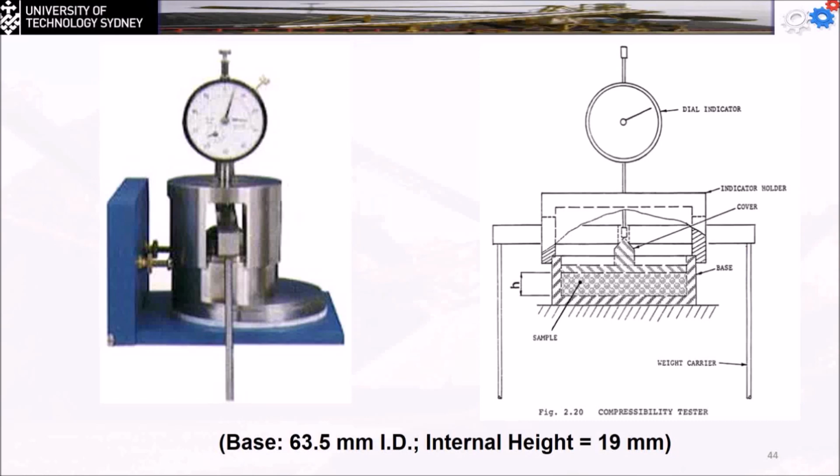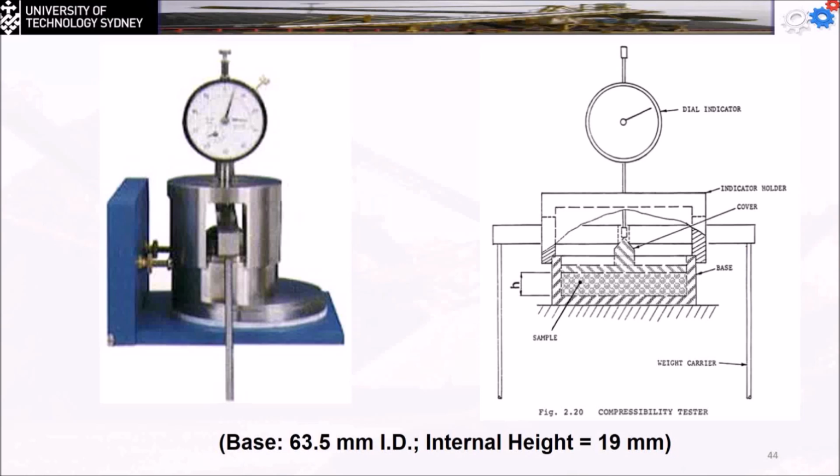So you can see here for this device, the base diameter is equal to 63.5 millimeters, and the internal height at the beginning, without adding any load, was 19 millimeters. So these are the basic things, and whenever I add something, the stress will increase and the height will decrease.